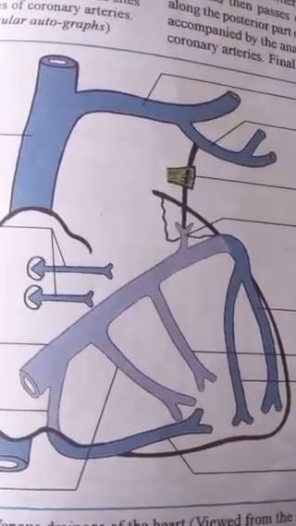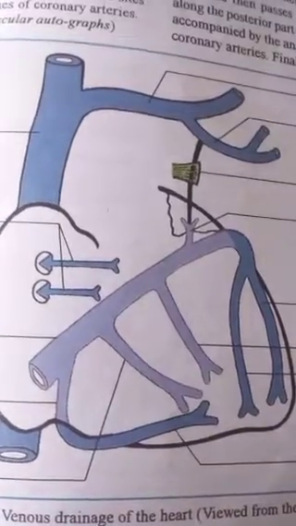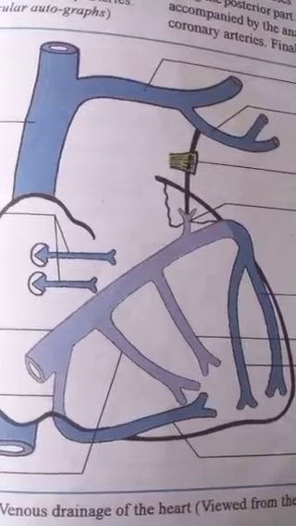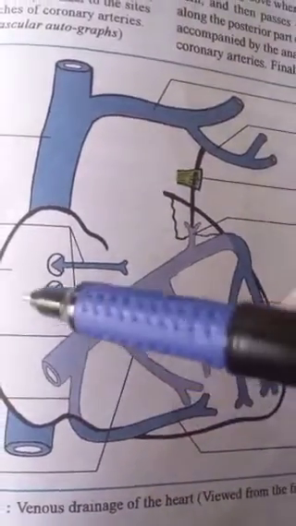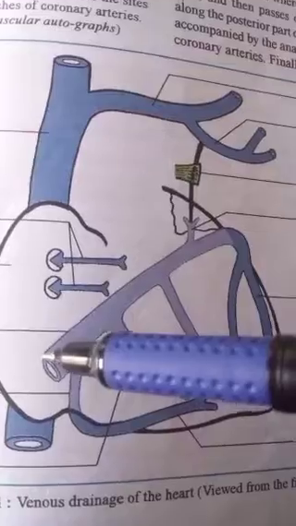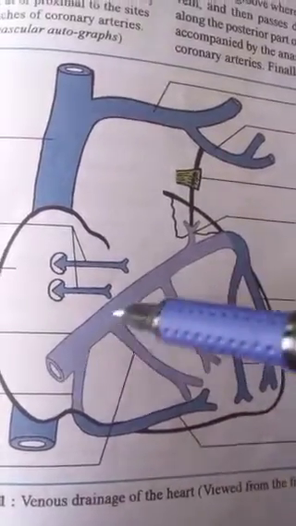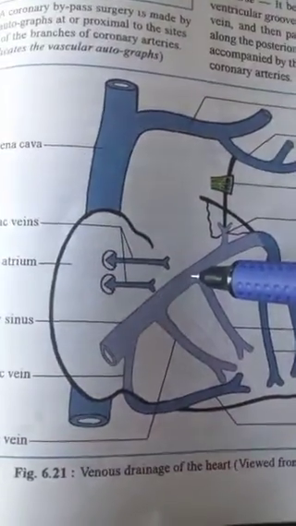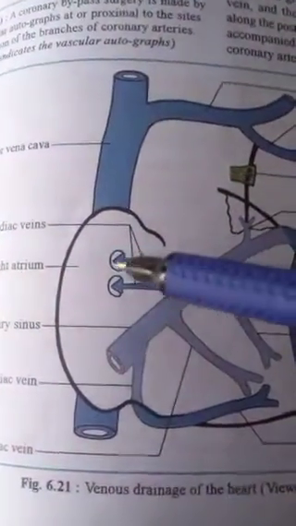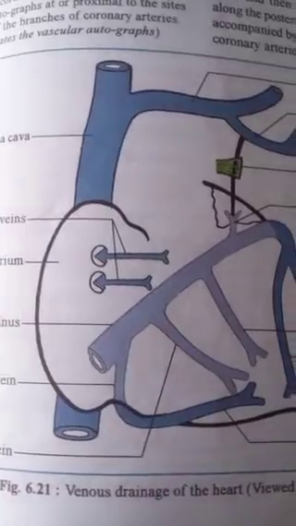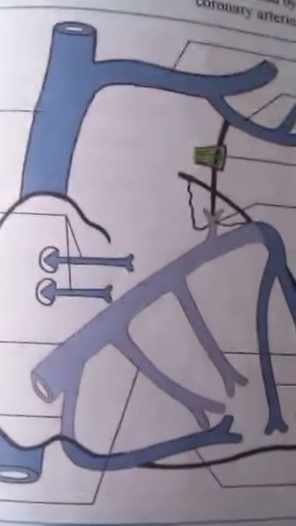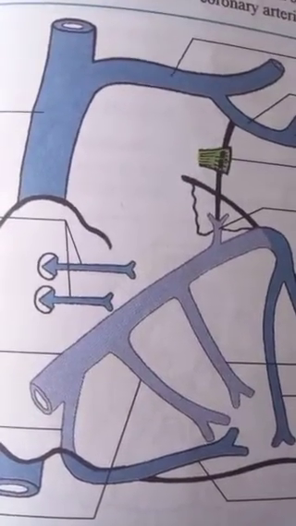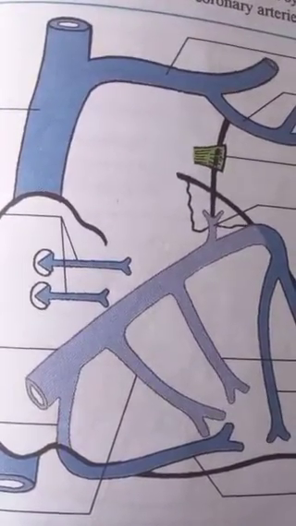Let us now discuss the venous drainage of the heart. About 60% of the venous blood of the heart drains into the right atrium via a channel called the coronary sinus, and about 40% drains into the different chambers of the heart via small veins called vena cordis minimi and anterior cardiac veins.